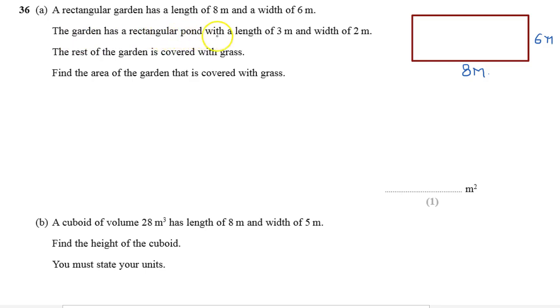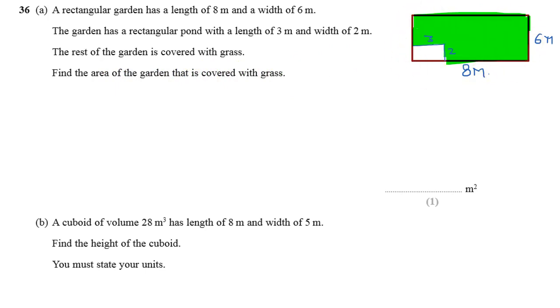The garden has a rectangular pond with a length of 3 meters and 2 meters. Say this is 2 meters, this is 2 meters, and this is 3 meters. The rest of the garden, let's assume that this area, is covered with grass. Find the area of the garden that is covered with the grass.